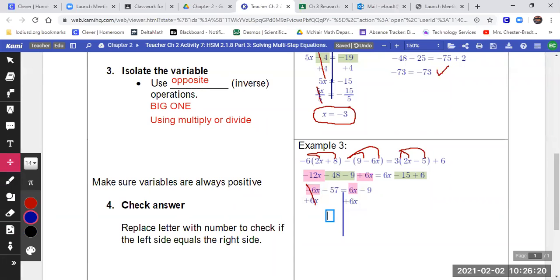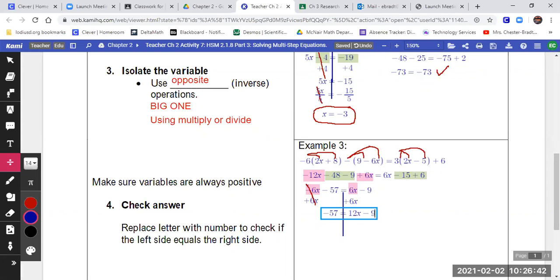What did we leave behind when we moved the x's out of there? On the left-hand side, the -57 is still there. Yep. Okay. Now we look at the right-hand side. The right-hand side says 6x plus 6x, so that makes what? 12x. And the -9 is still there.